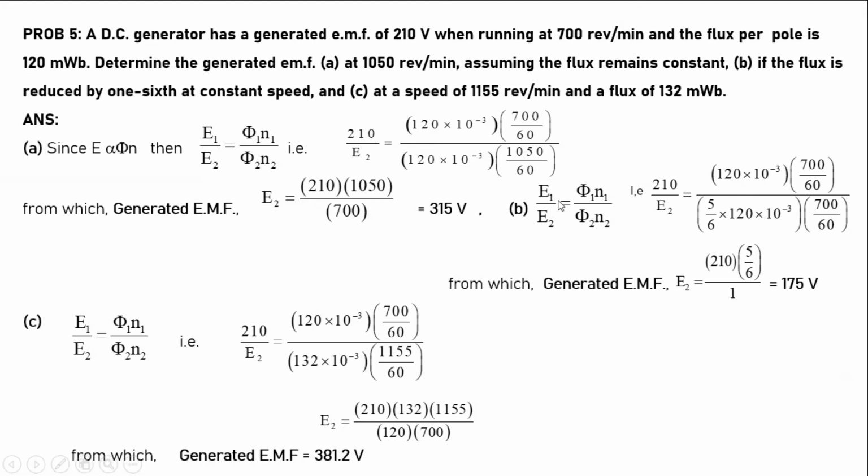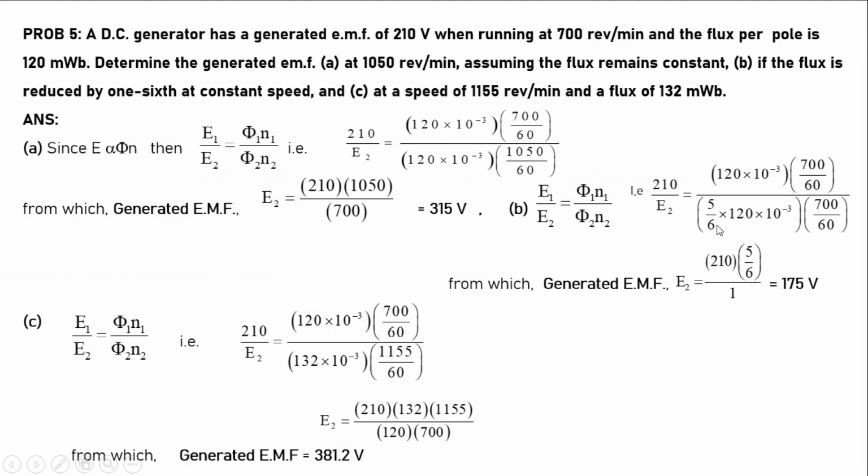So E1 by E2 is equal to phi1 N1 by phi2 N2. Phi1 is 120 milliweber into N1, 700 divided by 60 converted into RPM, and E2 is what we need to find. For phi2, the flux is reduced by 1/6, so the remaining is 5 by 6.